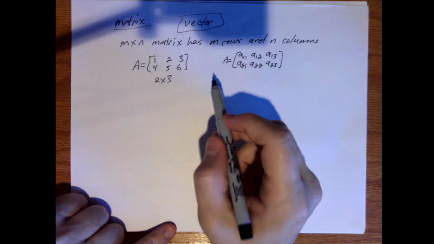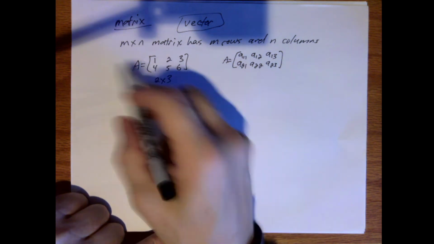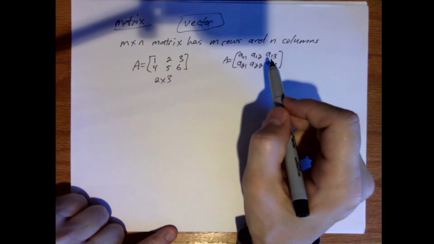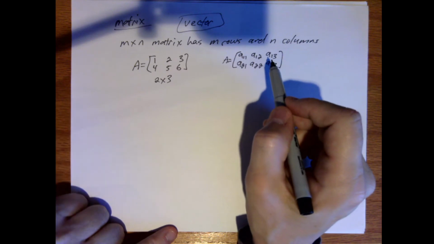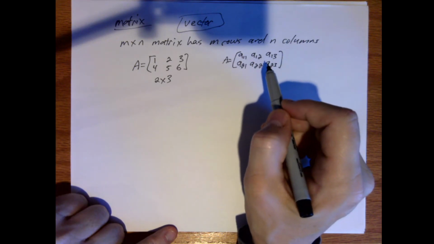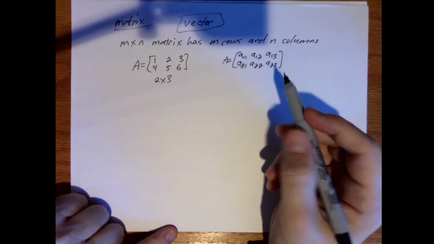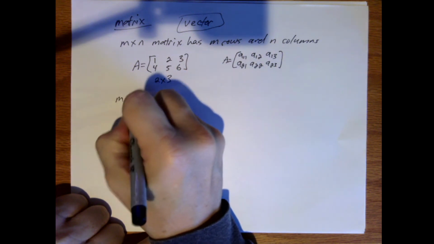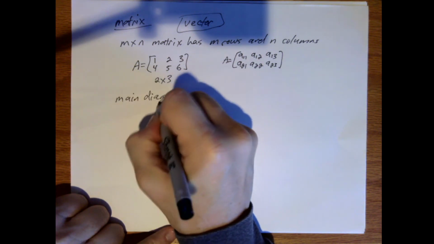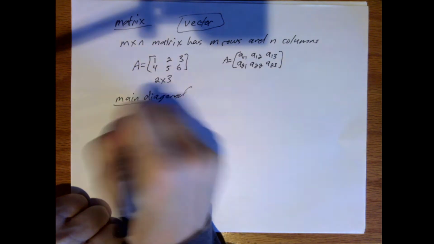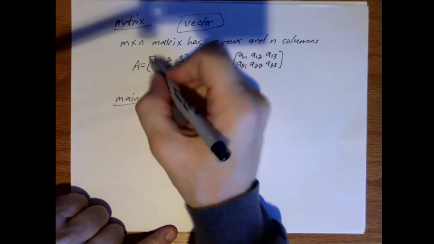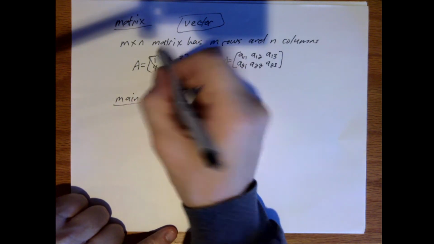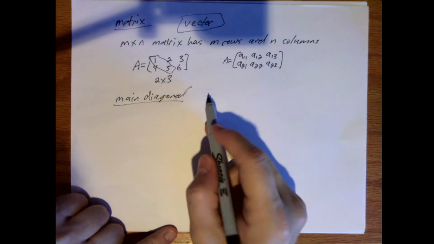Now, there are lots of special types of matrices that will have particular names, and matrices of that type will then have particular properties. But before we see some of those, let's also talk about the main diagonal of a matrix. The main diagonal are these elements starting in the upper left-hand corner and working our way down.